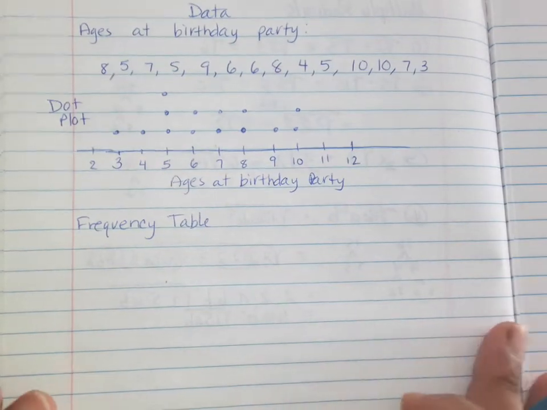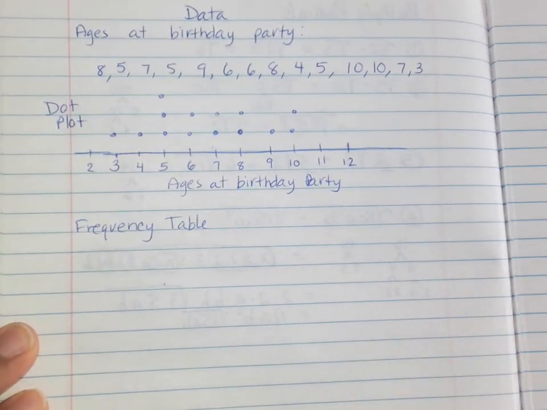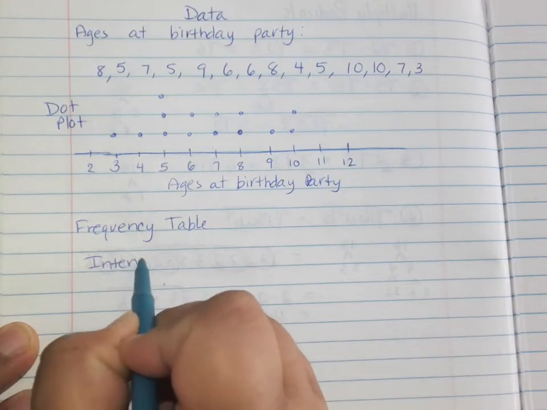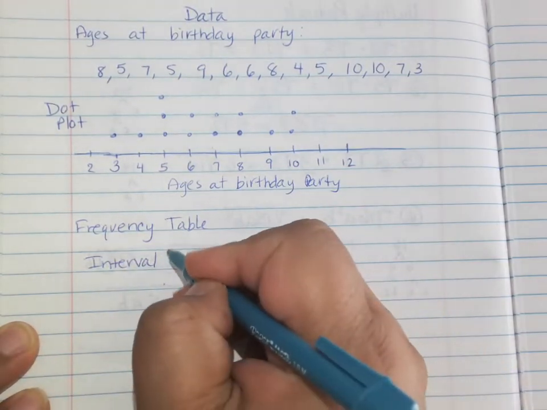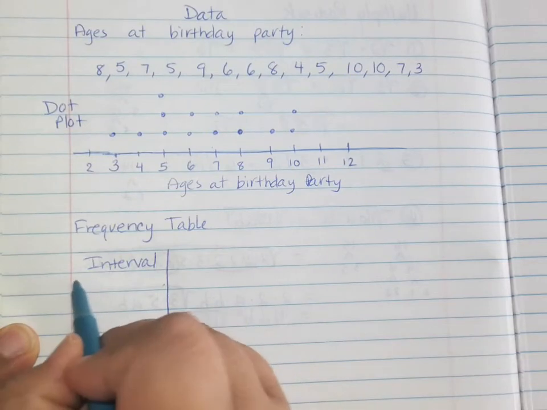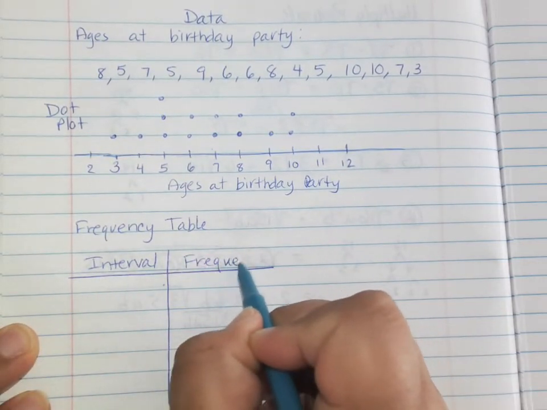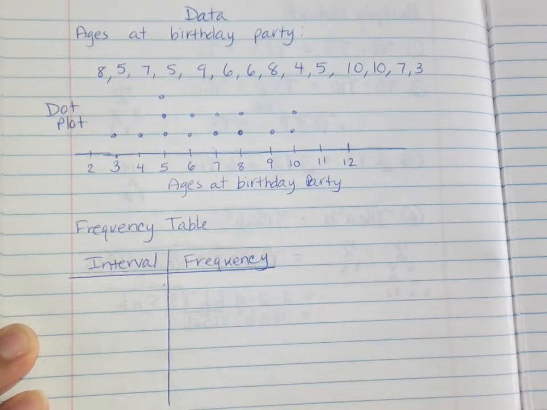It really just depends on how spread out your numbers are. So ours are together and small, so we're going to pick small intervals. And over here we would put the frequency, so how often it happens.